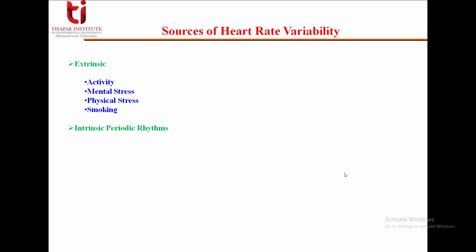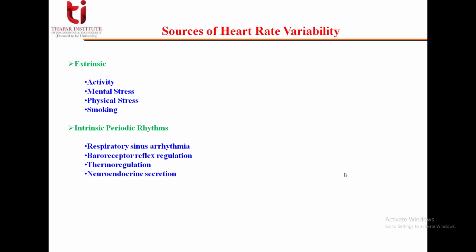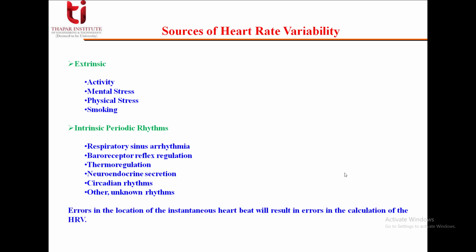Then we have intrinsic periodic rhythms, that is respiratory sinus arrhythmia, baroreceptor reflex regulation, thermoregulation, neuroendocrine secretion, circadian rhythms, and other unknown rhythms. So they will basically produce the heart rate variability. Errors in the location of the instantaneous heartbeat will result in errors in the calculation of the heart rate variability.